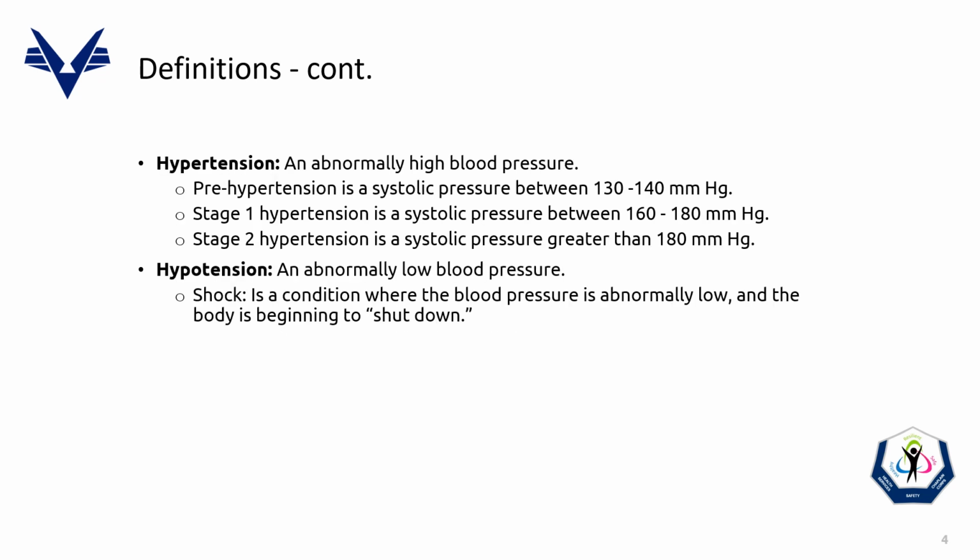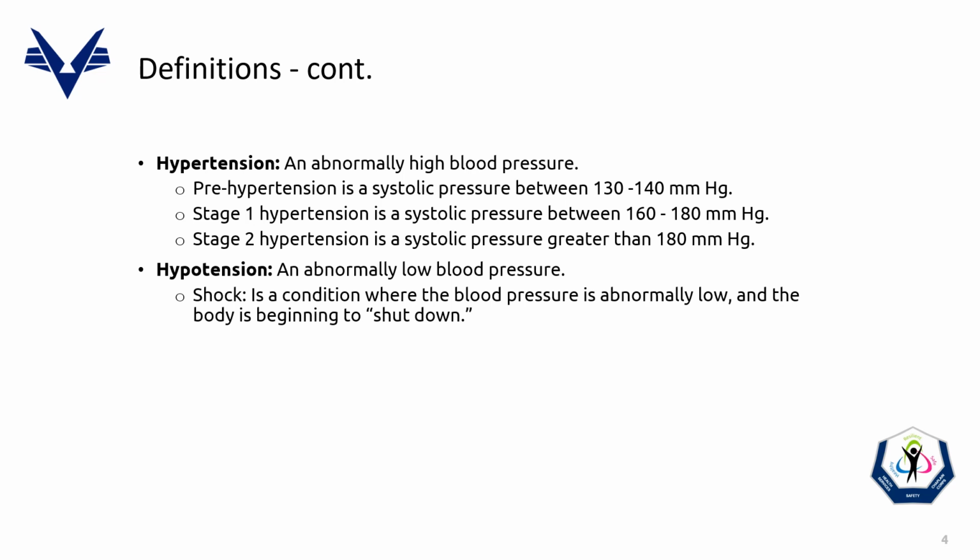Let's continue with a few more definitions. We have discussed what hypertension is. It is also known as high blood pressure. Pre-hypertension is a systolic pressure between 130 and 140 millimeters of mercury. Stage 1 hypertension is a systolic pressure between 160 and 180 millimeters of mercury.